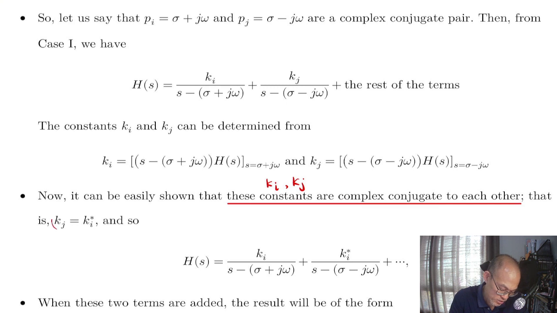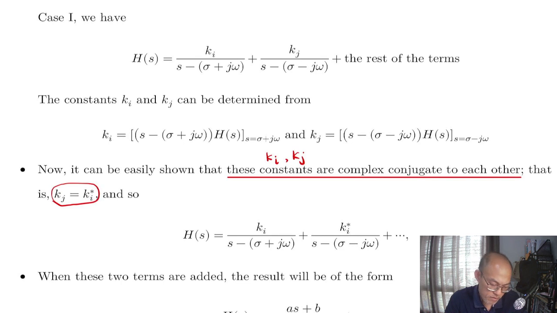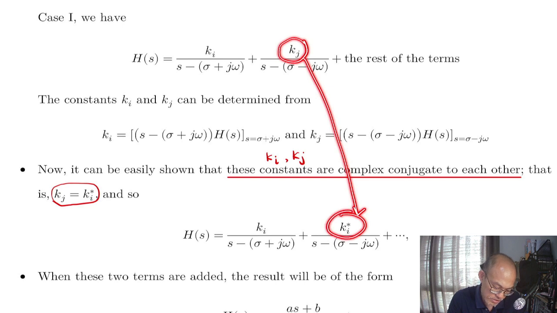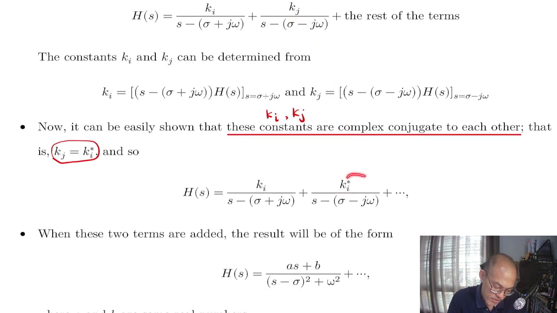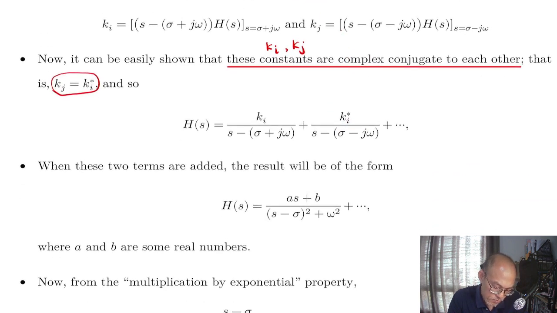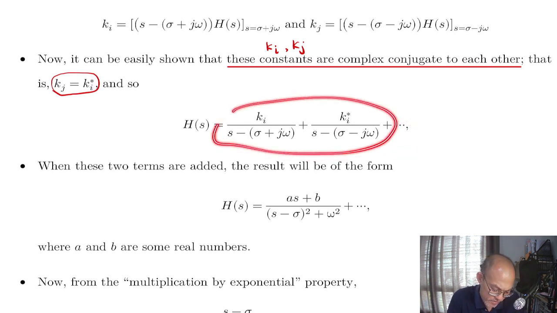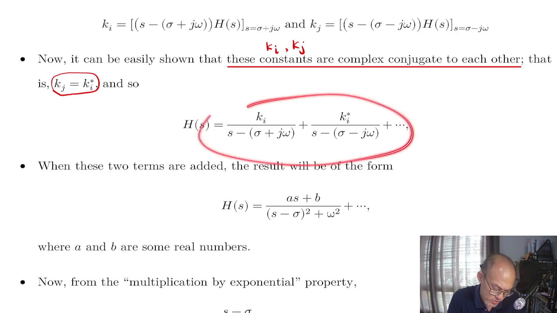So I have kj equal to ki conjugate. Now I'm going to write kj here as ki conjugate. So we have these two terms, and then we add them together.